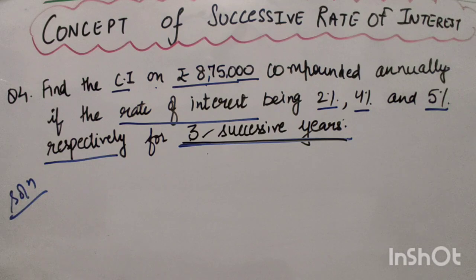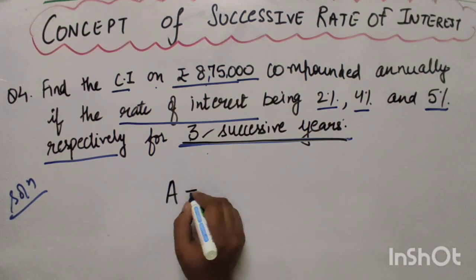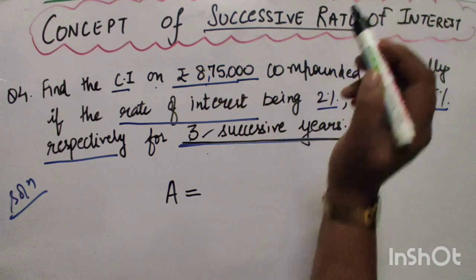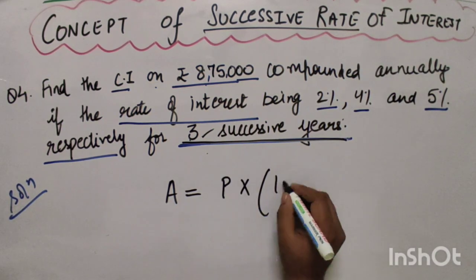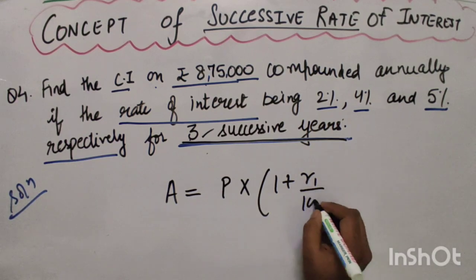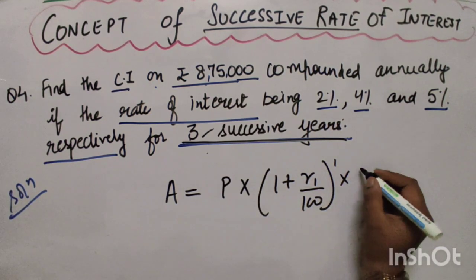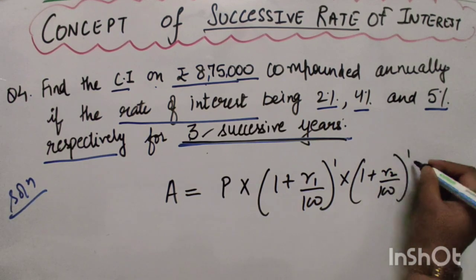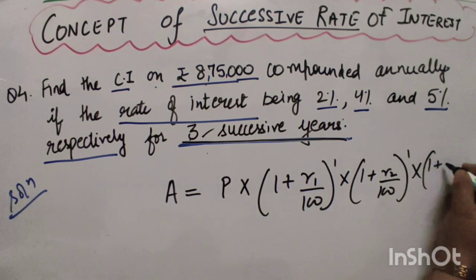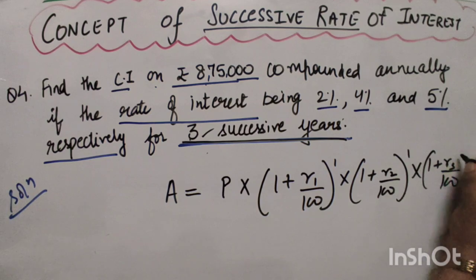So instead of calculating it for each year, I am going to apply a formula. Just have a look at the formula. When there is a case of successive rate of interest, the formula becomes P into 1 plus R1 upon 100, then 1 plus R2 upon 100, and then 1 plus R3 upon 100.